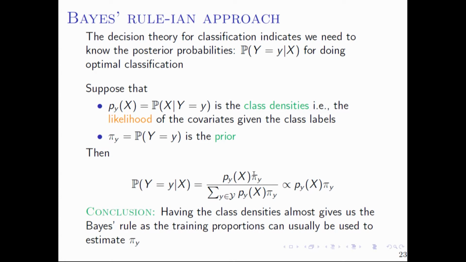When we assume that the class-dependent density of X given Y comes from a multivariate Gaussian distribution, we can estimate the mu and the sigma of that Gaussian given the samples. And we estimate the class prior by just calculating the fraction of the data points that have Y as the label.